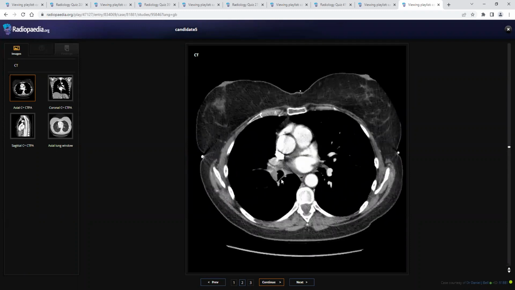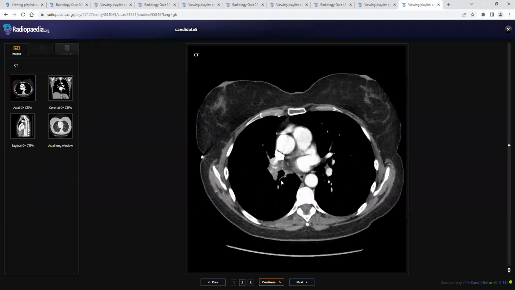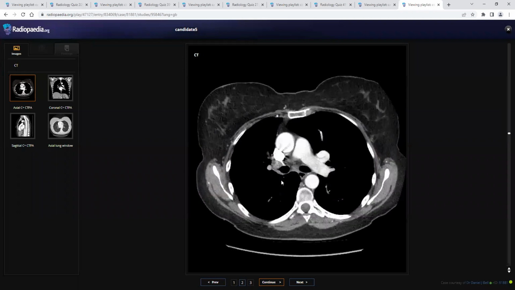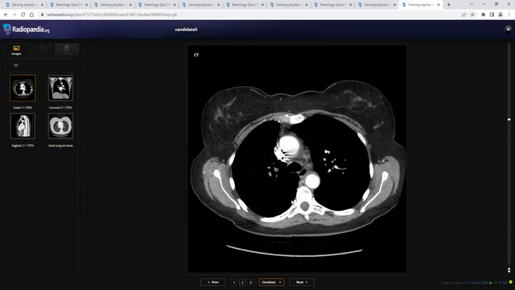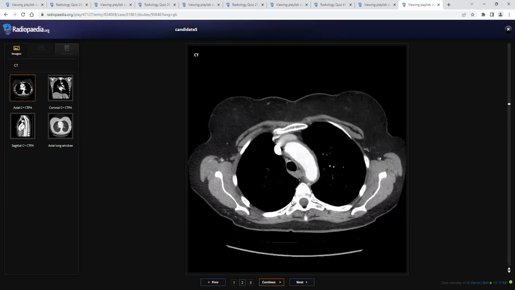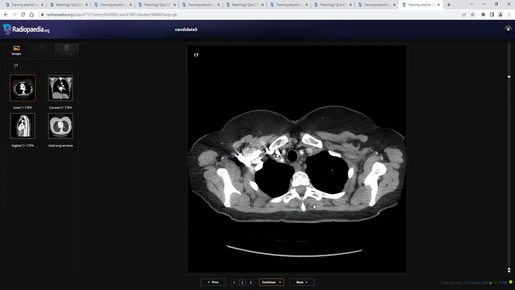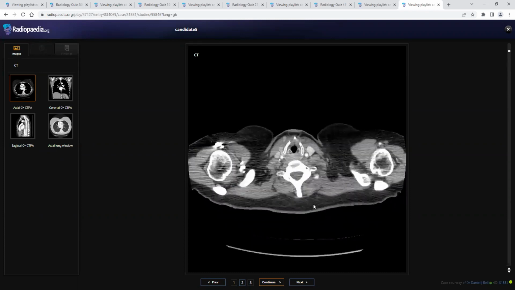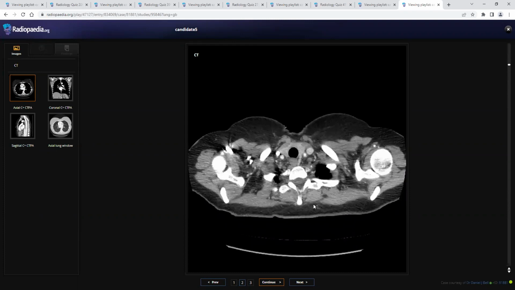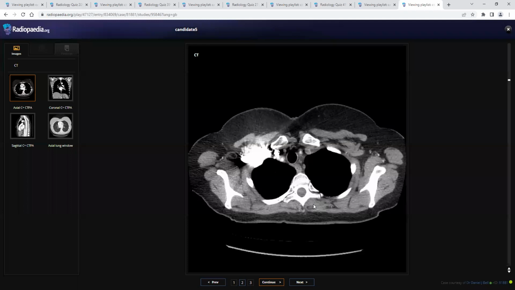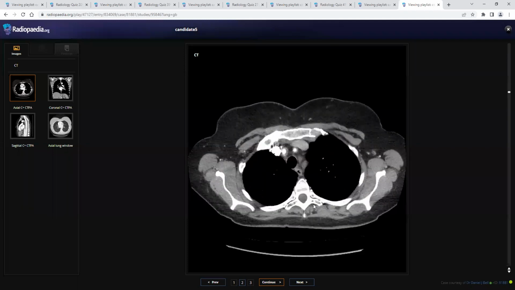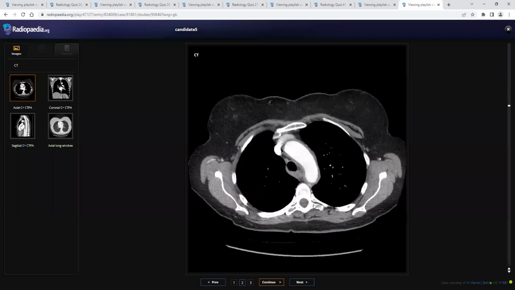It's just very focal up to the right hilum. Apart from that, I can see some diffuse thickening along the arch of the aorta as well. Other than that, I don't see any other abnormality, no obvious lymphadenopathy in the mediastinum.